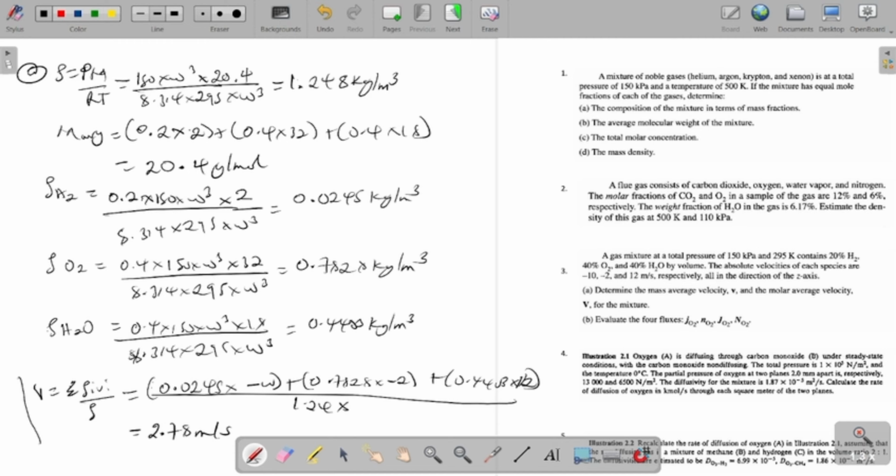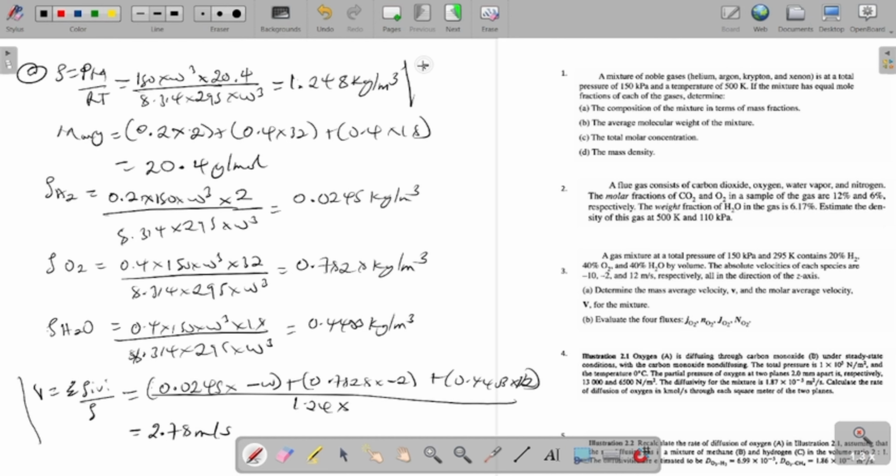So right now I have to calculate also the molar average velocity, which is the V star, right? For me to get that one too, we follow the same approach, just that I have to use this one.